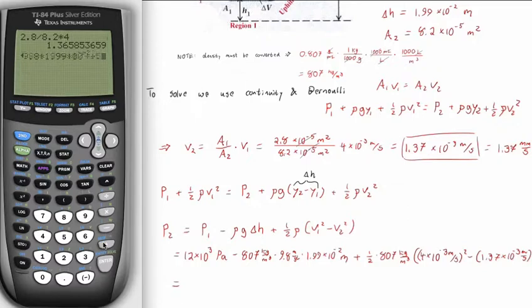So we'll have 0.5 times 807 again for the density, and then in parentheses our two squared velocities.